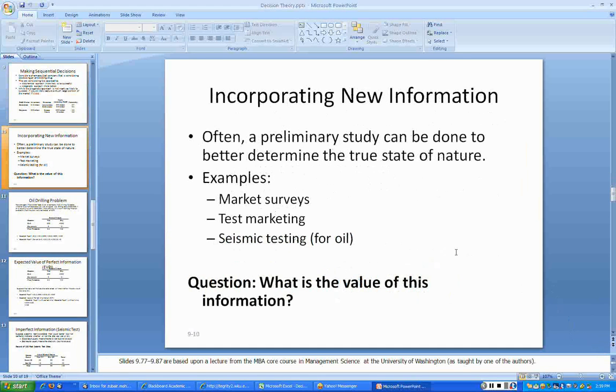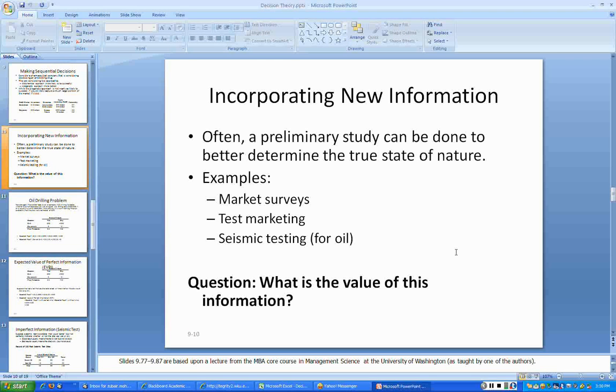Now, the prior probability is based on the historic information that we can use. Again, the thinking there is that the past is a good reflection or a mirror for the future. But things can change. So here we incorporate new information.